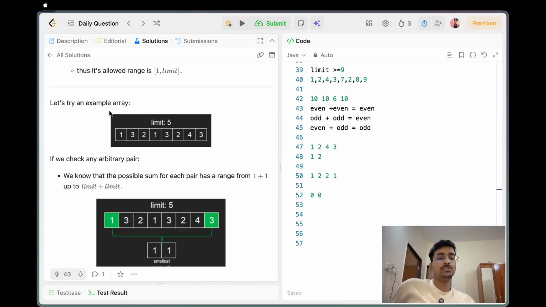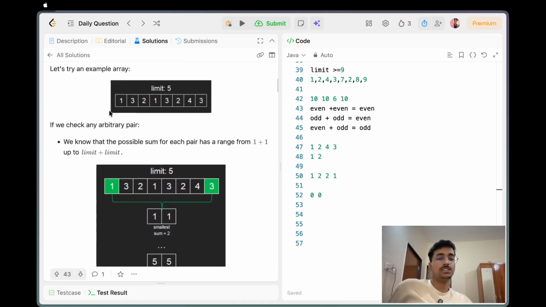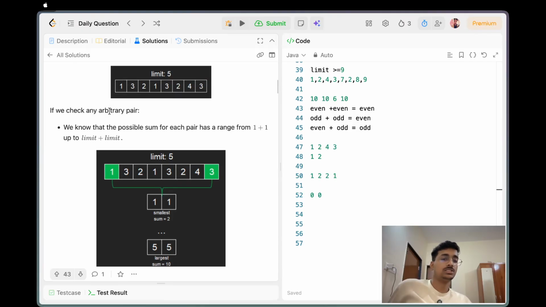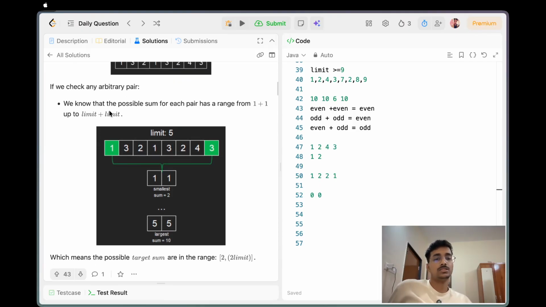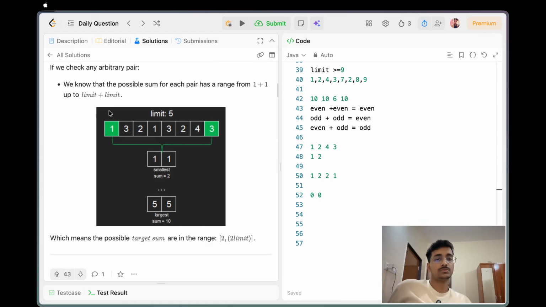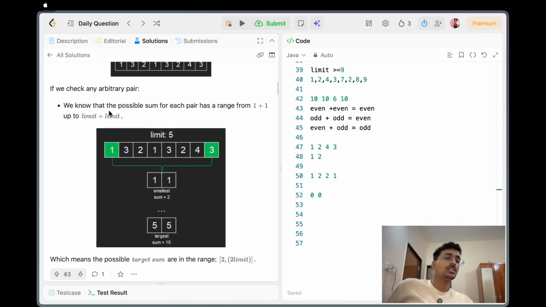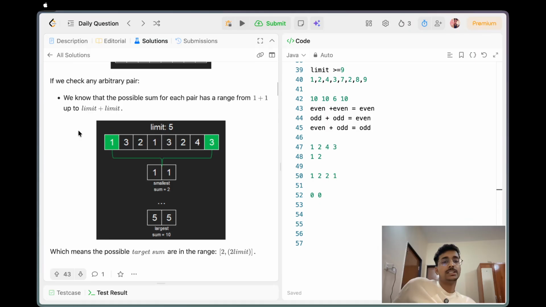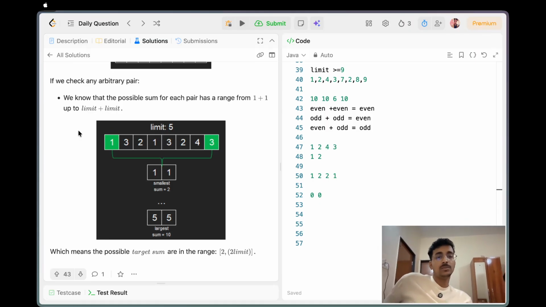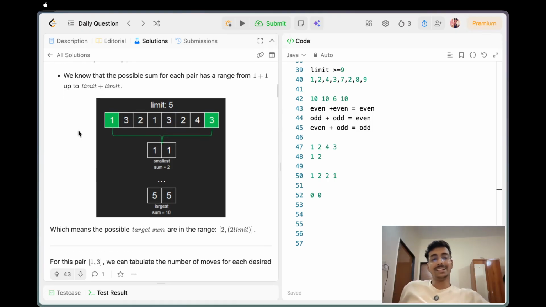If it is like this then it becomes 1 and 1. If we check any arbitrary pair, we know that the range will lie from 2 to 2 times limit. That's correct, yaar. I know that. Chalo.